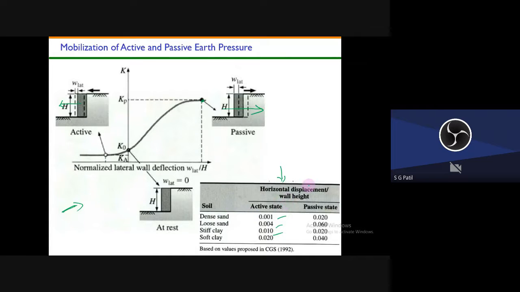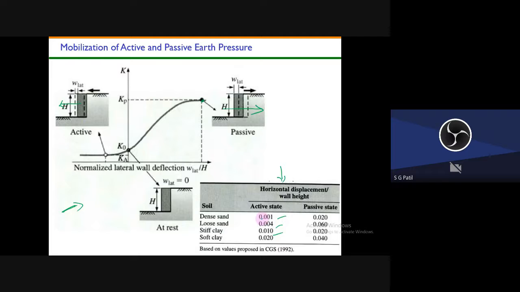Okay. So for dense sand, you see what should be the ratio for the active state, and this is the passive state. So it is the horizontal displacement with respect to wall height. That means the wall movement with respect to the height is given.